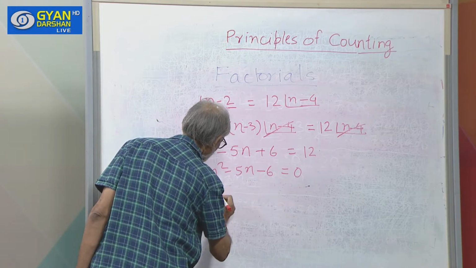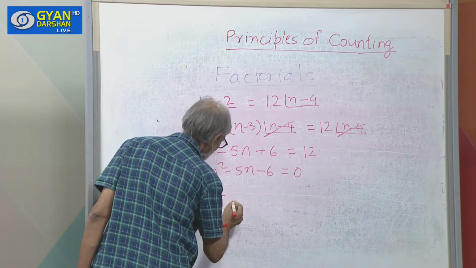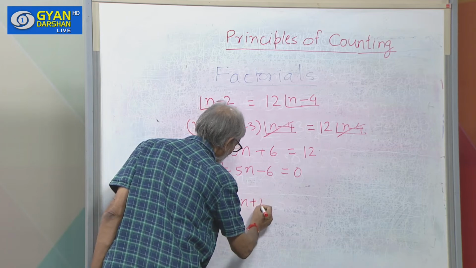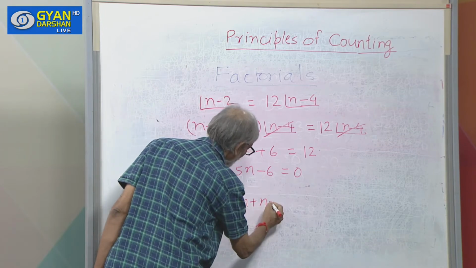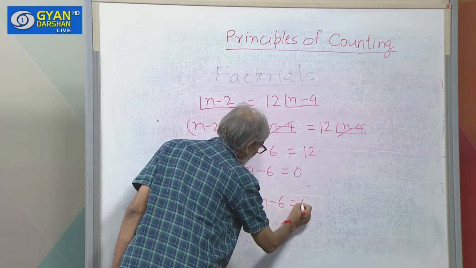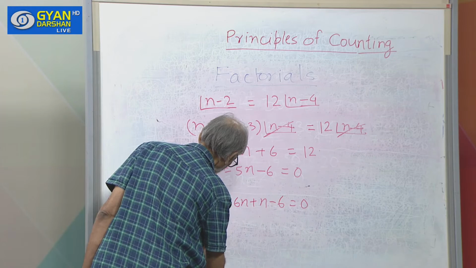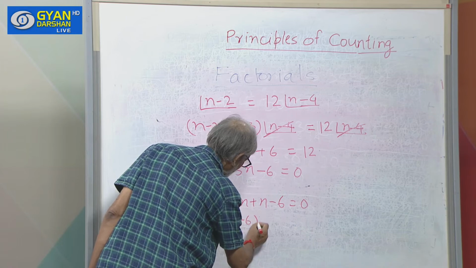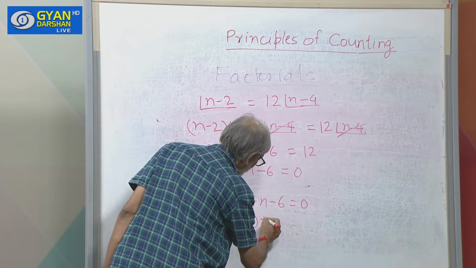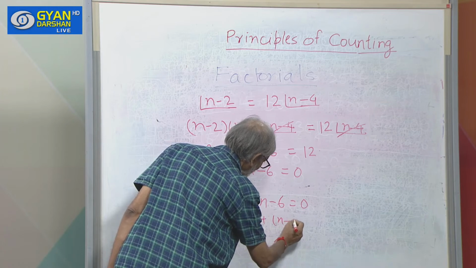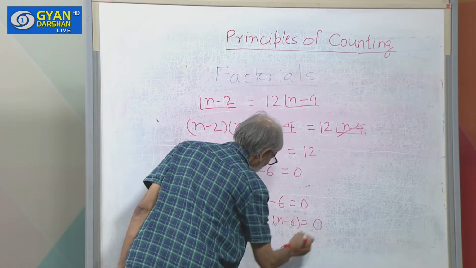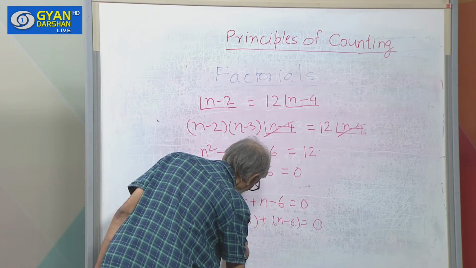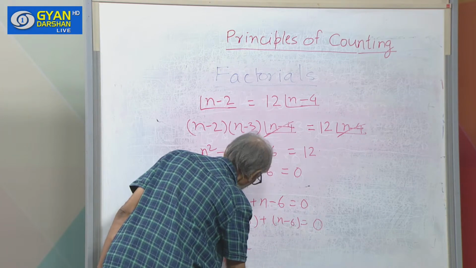So, we can write it n square, simple factorization, minus 6n plus n. So, this will come minus 5n, minus 6 is equal to 0. This will give, take n common here, n minus 6, plus 1, n minus 6 is equal to 0. So, n minus 6 take common, here n plus 1.